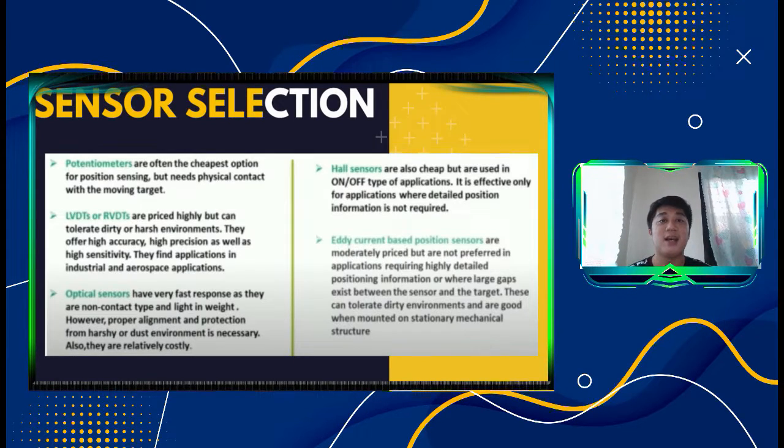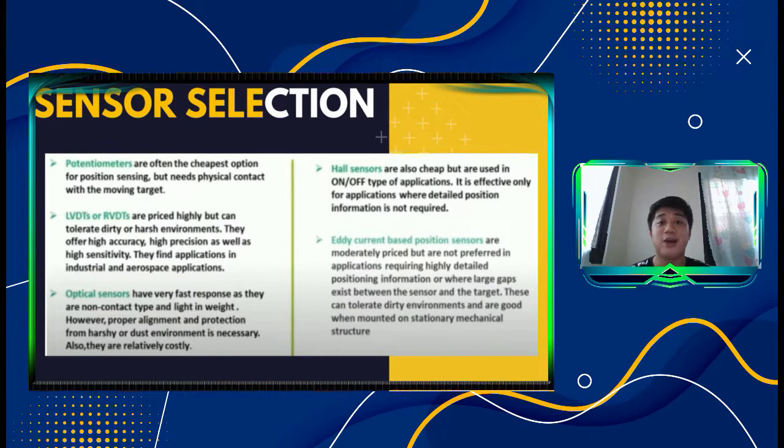Next is the Hall sensors. They are cheap but are used in on or off type applications. They are effective only for applications where detailed position information is not required.